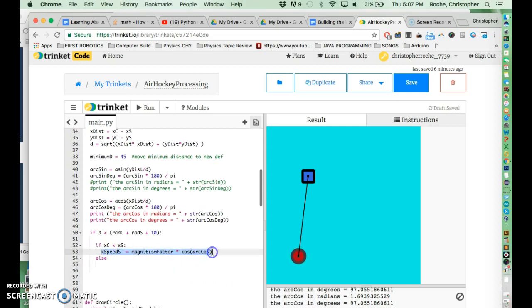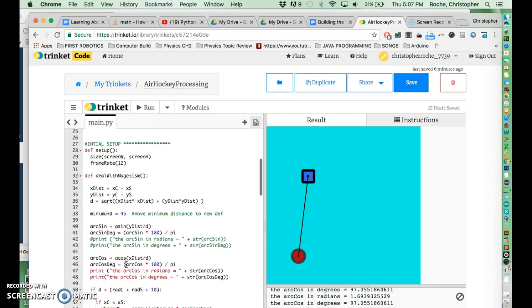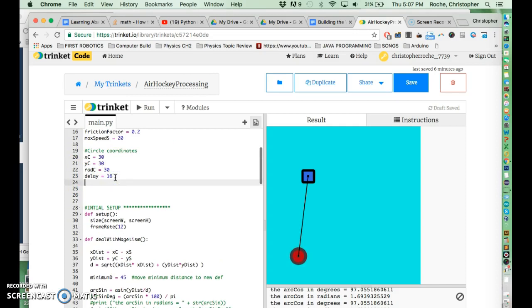I want to add it. Okay, so I'll put it here. Not bad, right? And we're going to put in a magnetism factor and make it be about, I don't know, something like 20, maybe 18, something like that, okay? And let's save it.